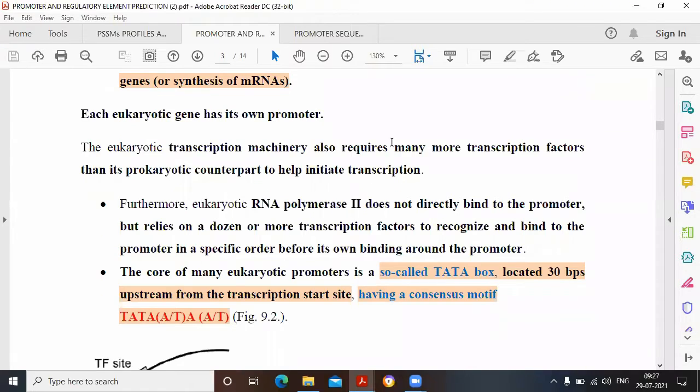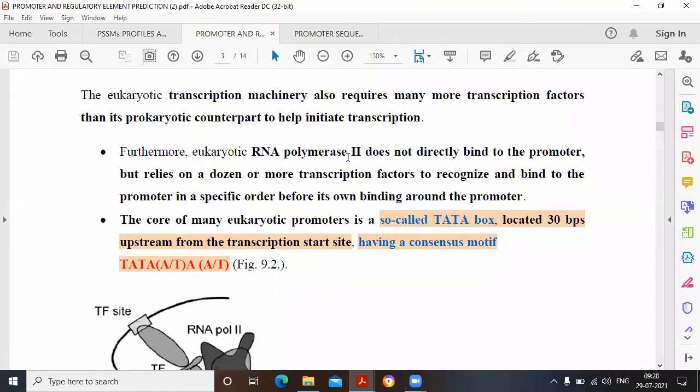The transcriptional machinery also requires many kinds of transcriptional factors. The prokaryotic system hardly requires 1 or 2 different proteins as transcriptional factors containing all the activity, but in the eukaryotic system n number of proteins will be there, and all the proteins work one after another sequentially, and finally they control the promoter's activity, and that way they control RNA polymerase II's function. RNA polymerase II also cannot directly bind to the different promoter parts present in the DNA.